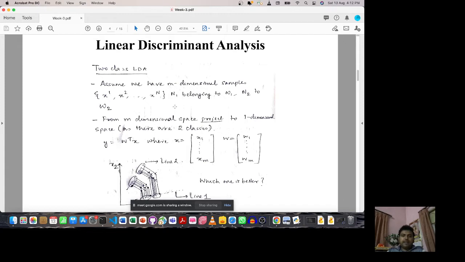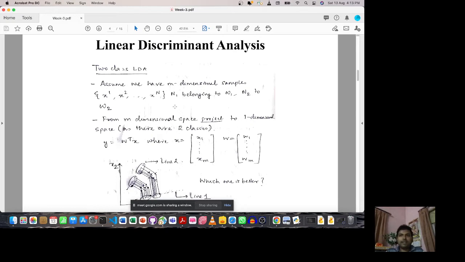Now from this m dimensional space you want to project to, let's say, a 1 dimensional space. Another thing about LDA is, if you have C classes in your problem, then the maximum dimension you can get down to is C minus 1. If you have 2 classes, the maximum dimension you can get down to is 1.